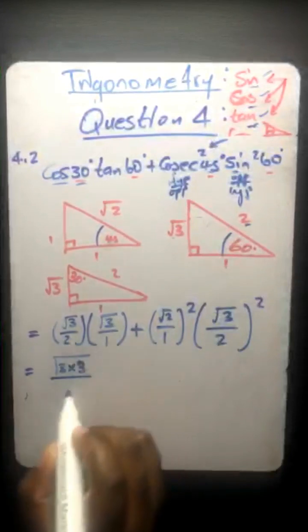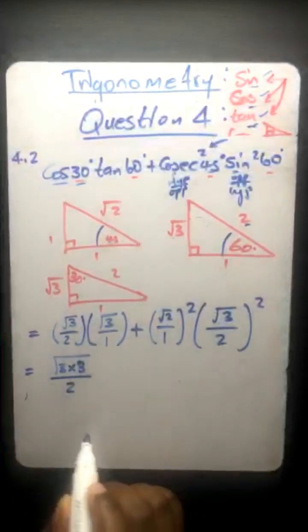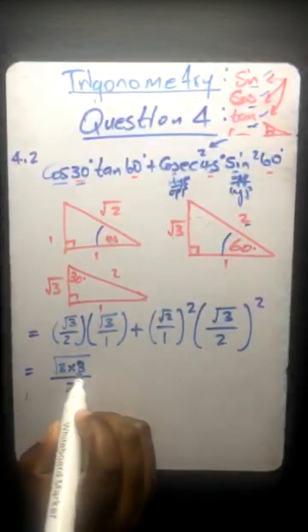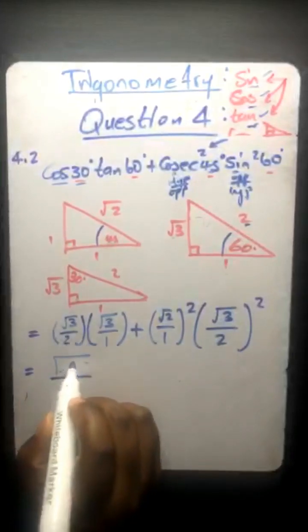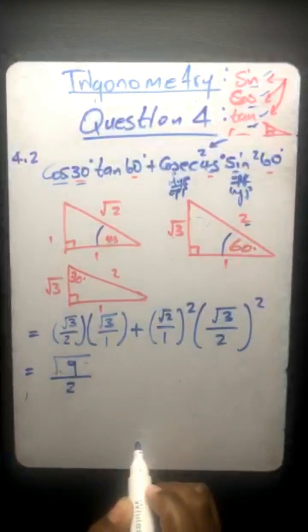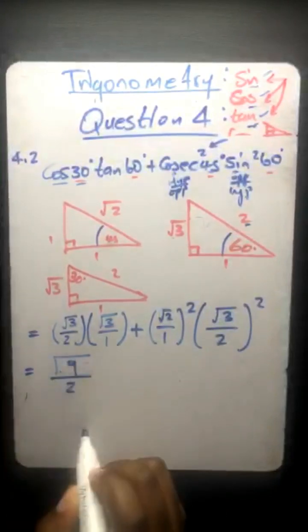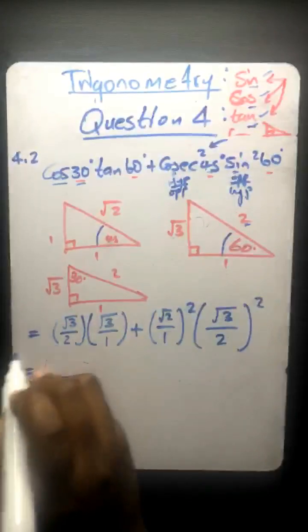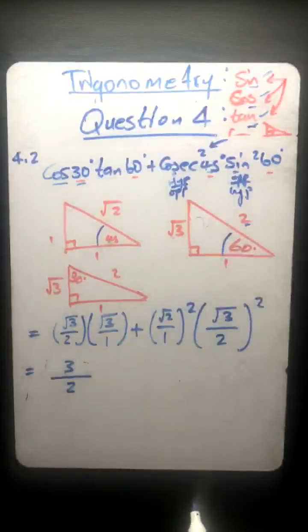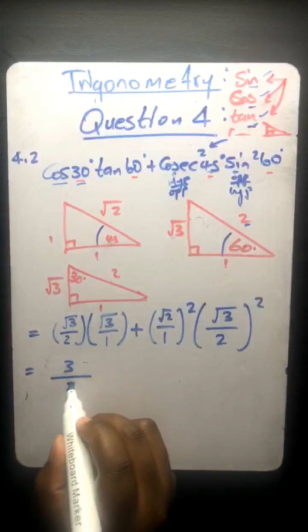This times that obviously is equal to 2. So the question is, what is 3 times 3? 3 times 3 is 9. That is why I'm going to edit it there and put 9. But also, what is the square root of 9? Is it not 3? So the square root of 9 is 3. That is why we end up having 3 over 2.